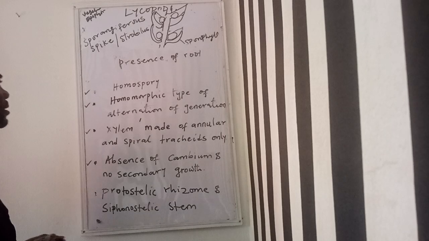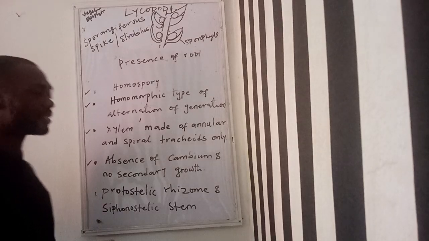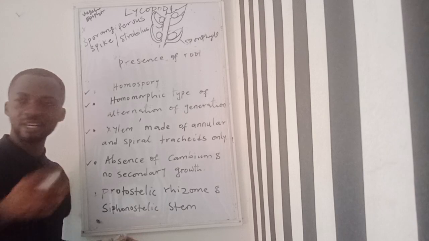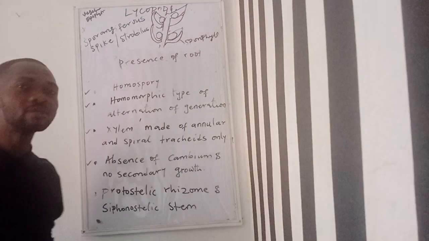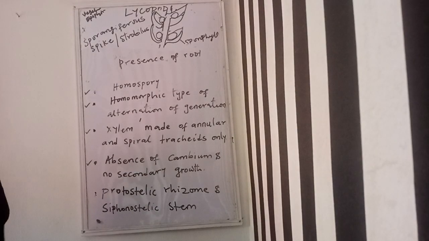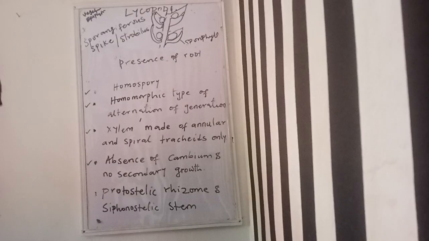The homomorphic type of alternation of generation is also the case in Lycopodium, even though there is a slight difference between the sporophyte and the gametophyte, they are still similar. Because they are still similar, we can still say that they exhibit the homomorphic type of alternation of generation.